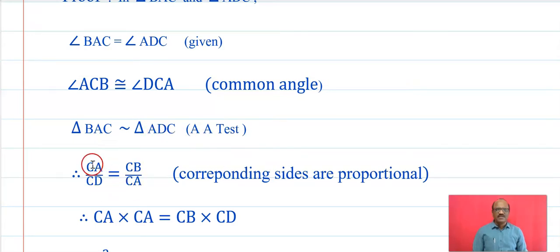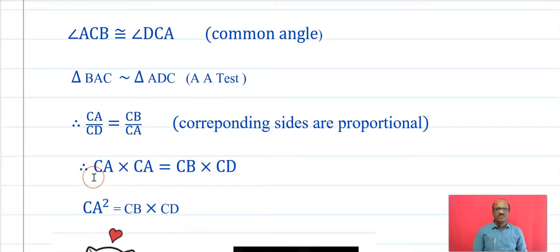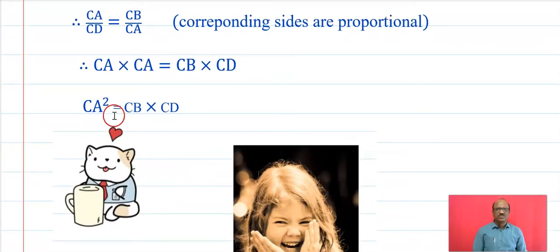That is, CA upon CB is equal to CB upon CA. Corresponding sides are in proportion, and therefore CA into CA, that is the cross multiplication, is equal to CB into CD, and hence CA square is equal to CB into CD.